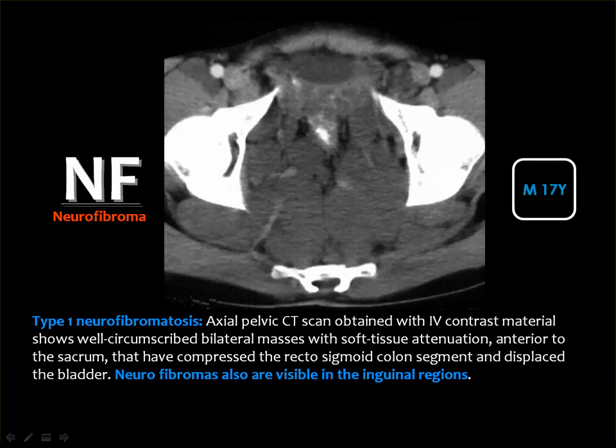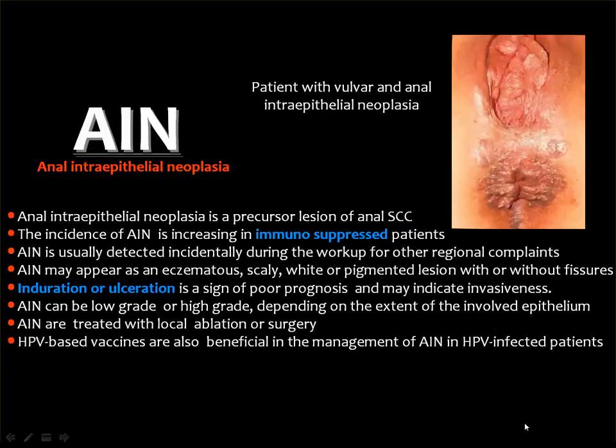And this is a neurofibromatosis by CT, where you got bulky, lobulated soft tissue masses of relative hypodensity infiltrating most of the pelvis, extending into the gluteal regions, and some of the neurofibromas are seen adjacent to the femoral vessels.